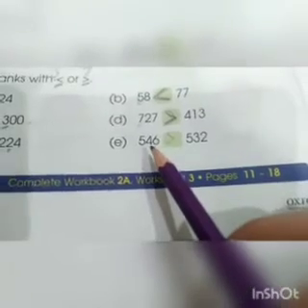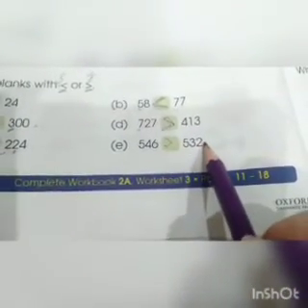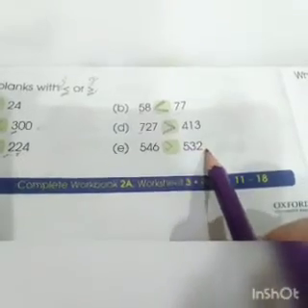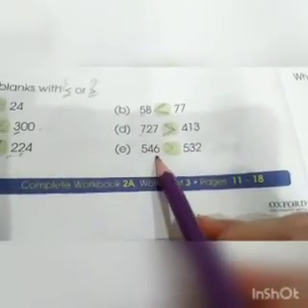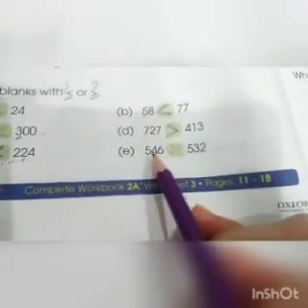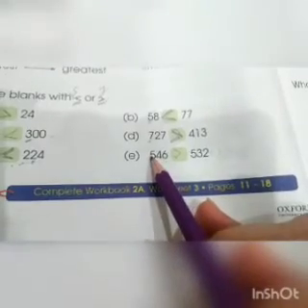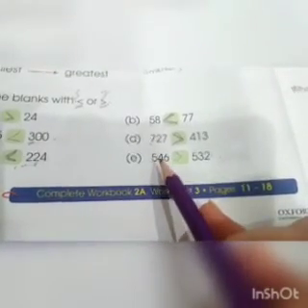Next part: 546 and 532. Class, we are comparing three-digit numbers: ones, tens and hundreds.